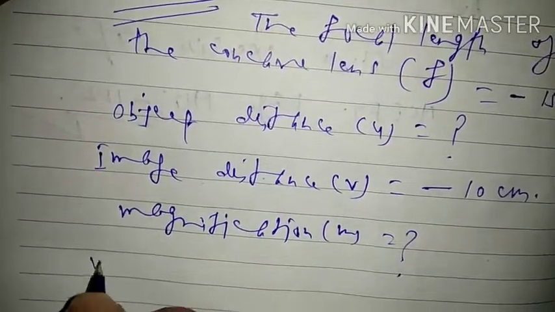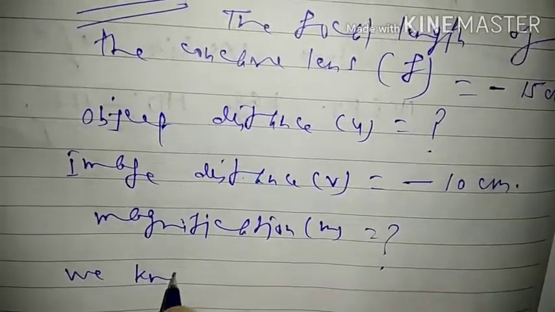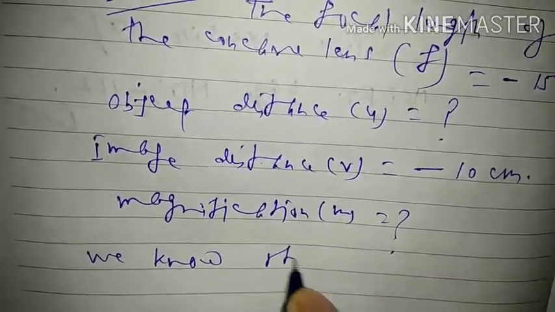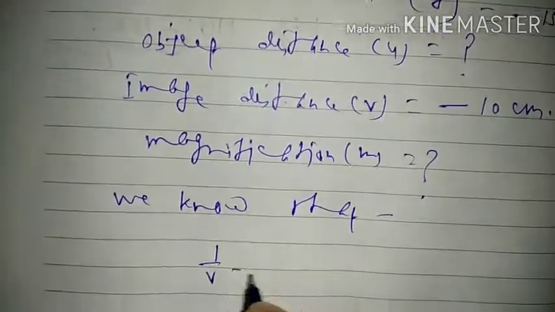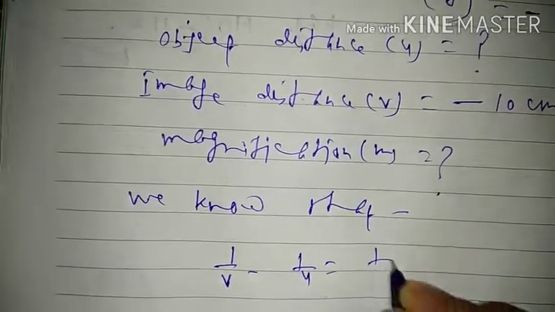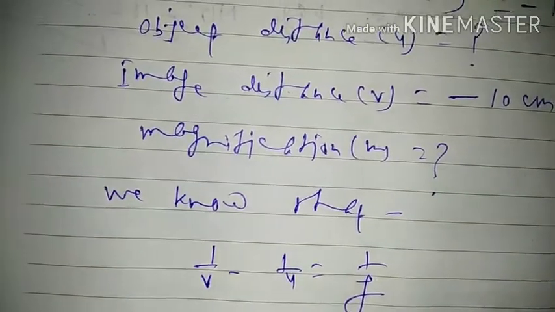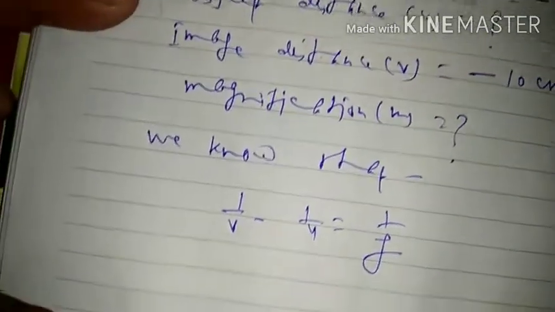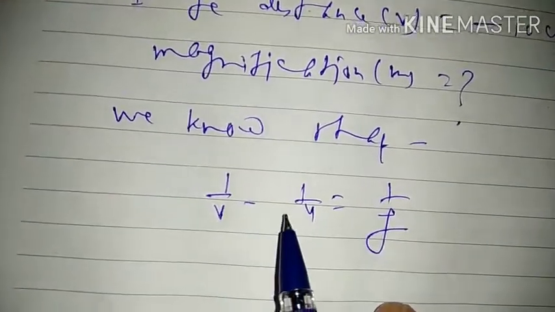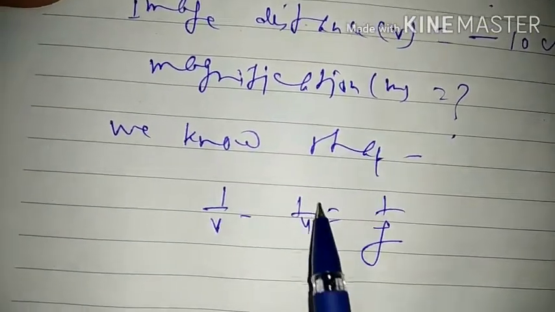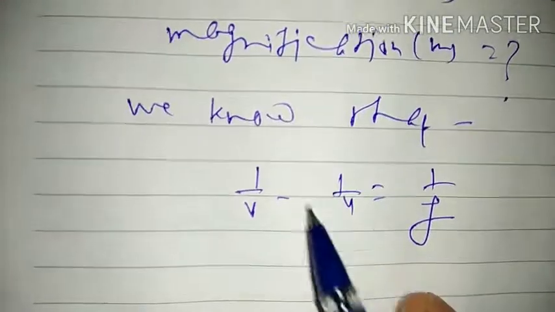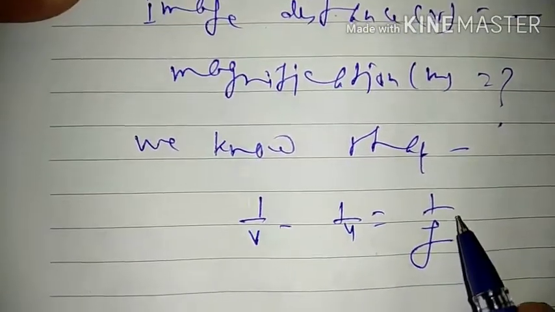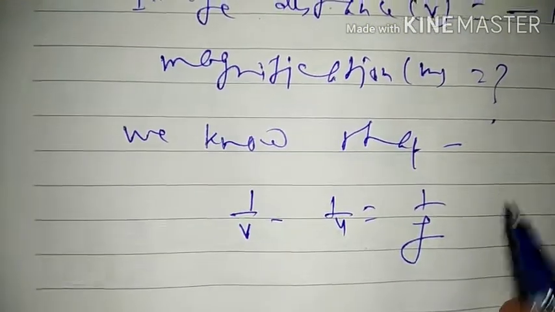So what do we know from lens formula? We know that 1 by v minus 1 by u is equal to 1 by f. Here u is to be calculated. So if we change side, when this term transfers from left to right, then this term will be positive, and we transfer this term from right to left.